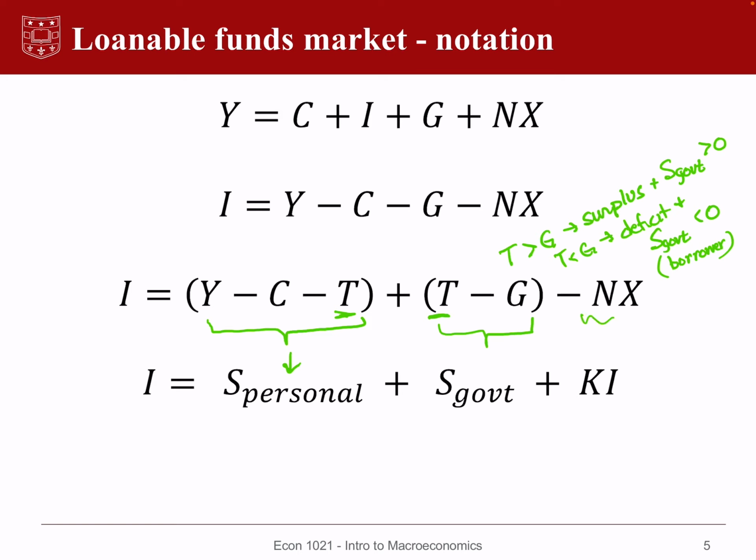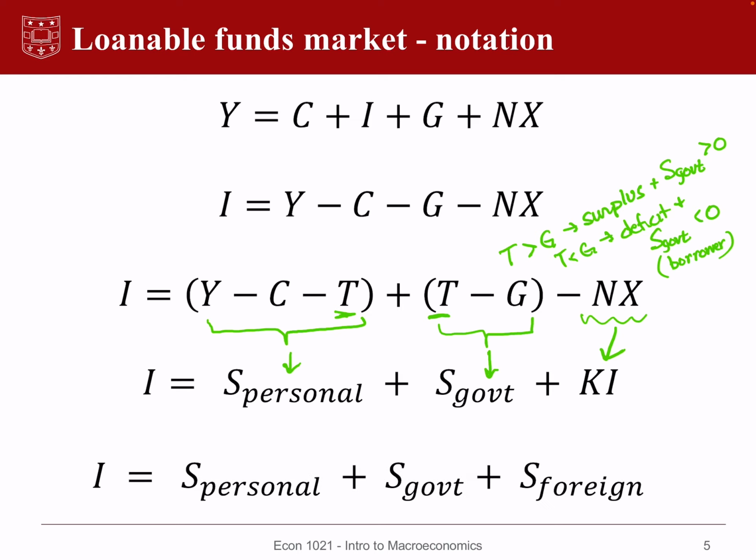And then we have net exports. So we can rewrite this to reflect again that the negative of net exports is net capital inflows, and we can go one more step along the lines of what we talked about in the previous set of notes. A lot of what we're doing in this set of notes is putting together stuff.